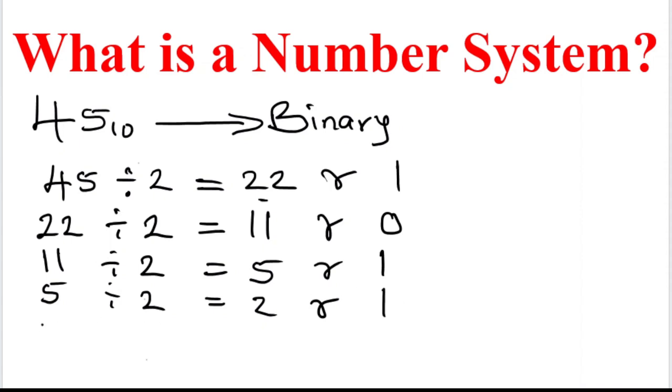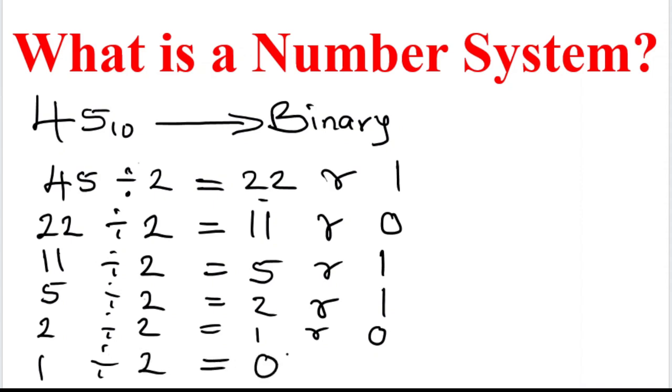So I will now use 2 divided by 2. I'll have 1 remainder 0. So I'll now use this 1 here, 1 divided by 2. So I'll have 0 remainder 1. Like I said, as soon as you get to 0 here, then you can stop, okay?